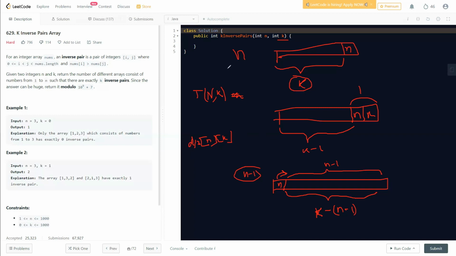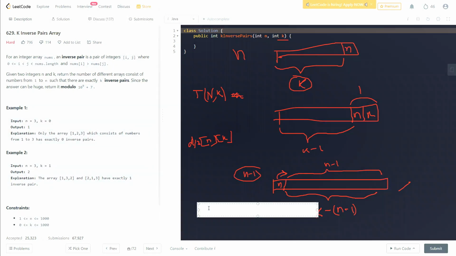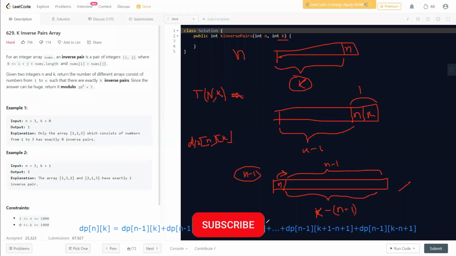Now, let's work out what the exact formula can be. Let me write this down. Over there, I wrote the formulation of DP of n, k.